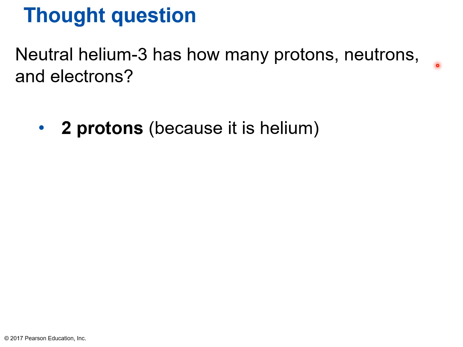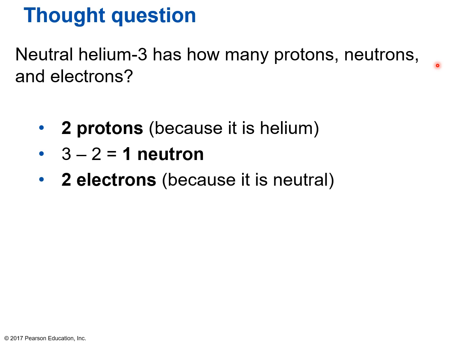If we're talking about helium-3, helium with a mass of 3, how many neutrons does it have? 1 neutron, because it's the 2 protons plus the 1 neutron that make up that mass of 3. And finally, how many electrons? And you should go back to the description that talks about, is it neutral? Is it ionized? How much is it ionized? In this case, it's neutral, which means it has equal numbers of protons as electrons. So 2 electrons.